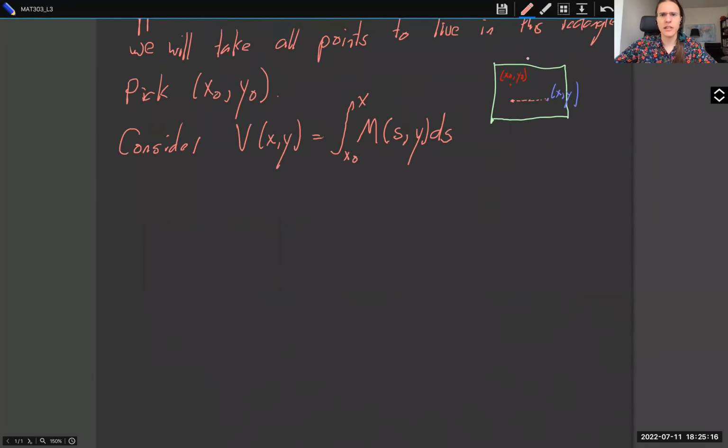Now, why am I considering this function? Well, what I'm going to show is that, first off, if I take the partial derivative of v with respect to x, then what do I get by the fundamental theorem of calculus?